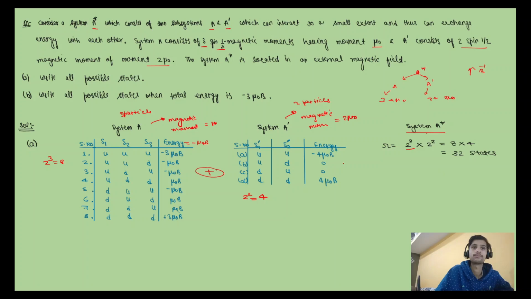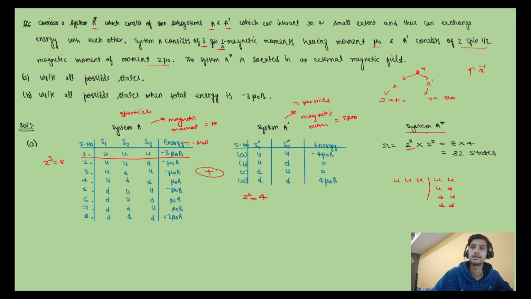So what you should do, you should take the first row from this system A, and you take all the combinations from these columns, right? Then what will you get? You will get U from system A, and then you can get, let's say, UU from the other system, or you can get UD from here, or you can get DU, or you can get DD.